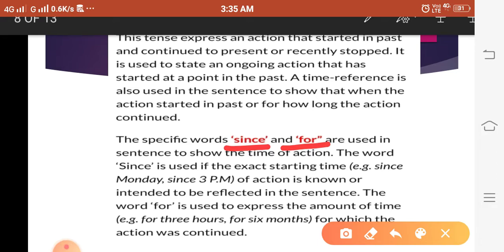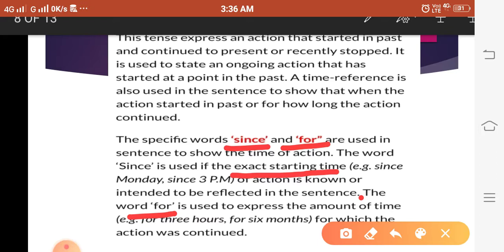The word since is used if the exact starting time is given. Example, since Monday or since 3 p.m. Clear? Now the word for is used to express the amount of time.